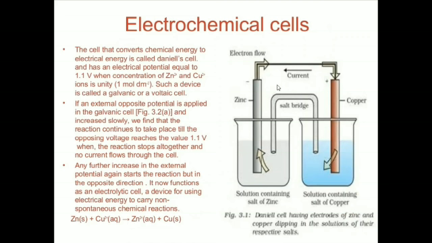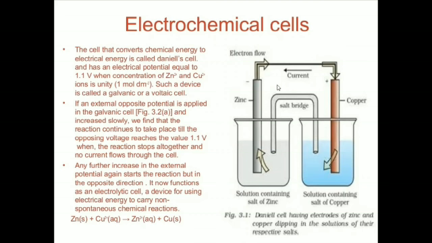Now where is it used, or how is the process completed? It is in the electrochemical cell. The cell that converts chemical energy to electrical energy is called Daniell cell. Chemical energy to electrical energy. That means you take chemicals and convert them into electrical energy.